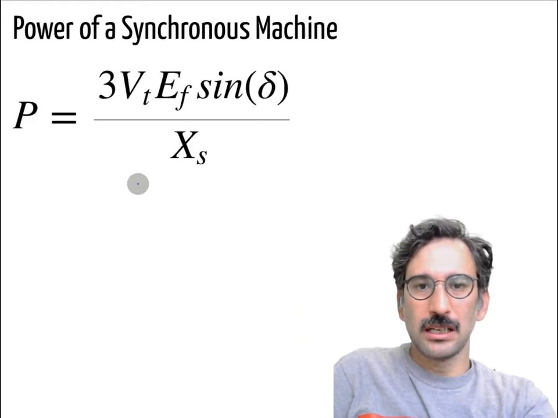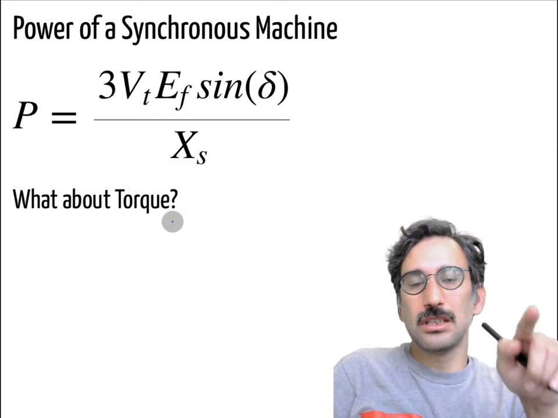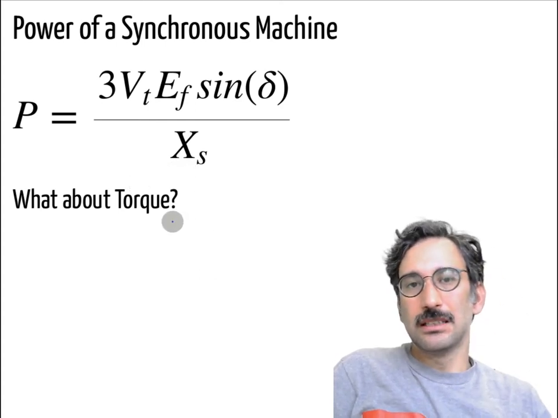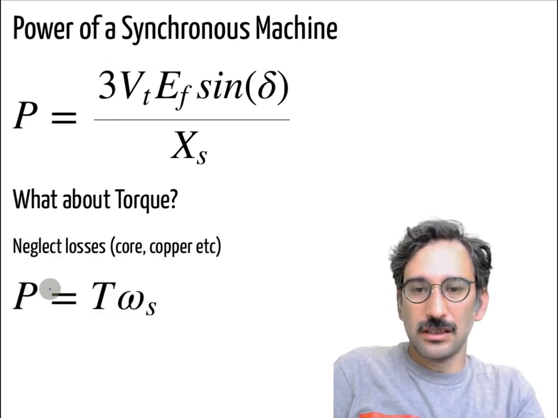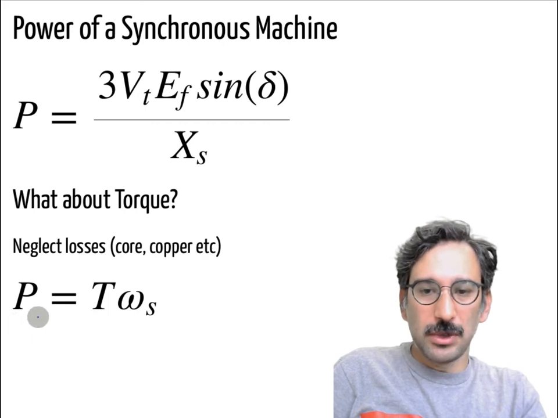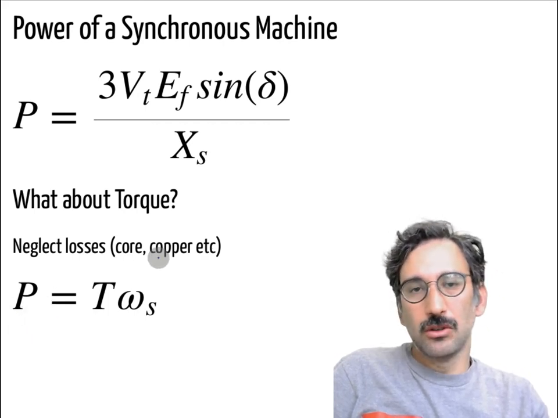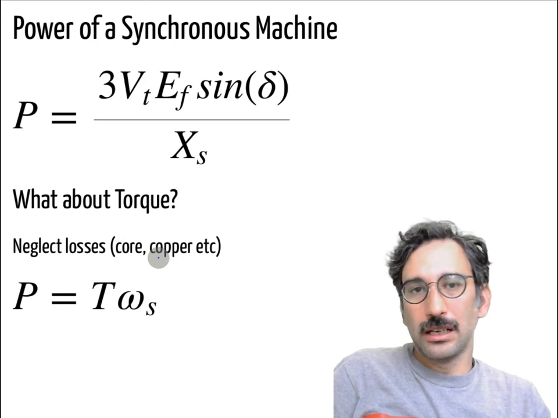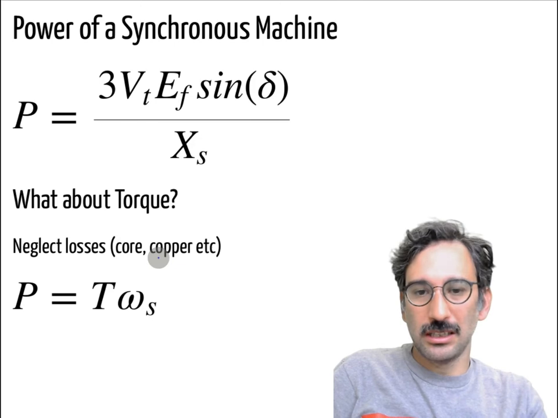So what can I write about the torque? The machine is rotating at synchronous speed, that is the idea of a synchronous generator. Again, I'm ignoring the losses in the rotor or other mechanical losses, so this is a purely ideal model.